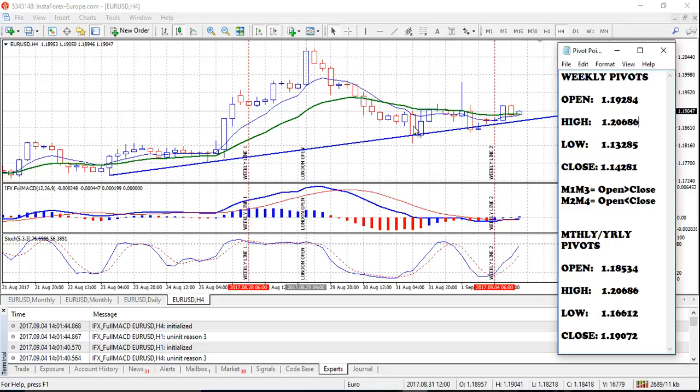If you place the cursor on this candle, then you take the value here. I'm taking the value here now, and here you can see low. This one is high. This is the lowest price in the past week, this is the closing price of the past week, and this one is the open price of the past week.